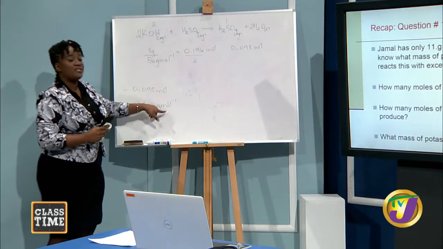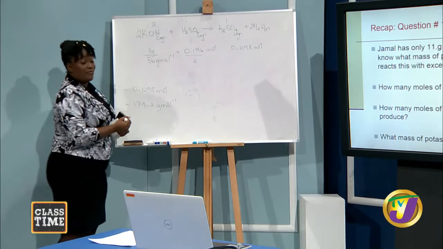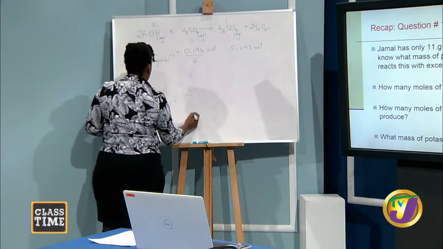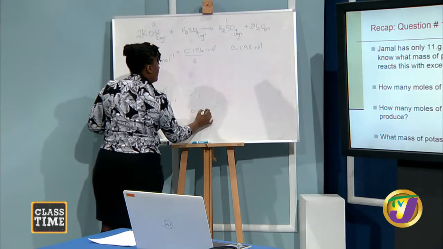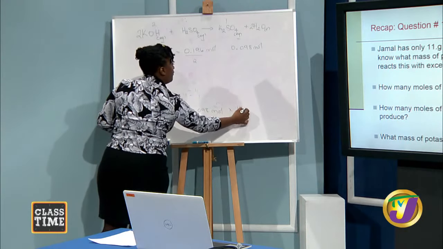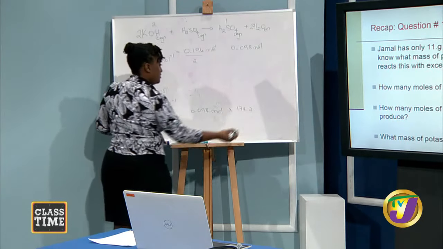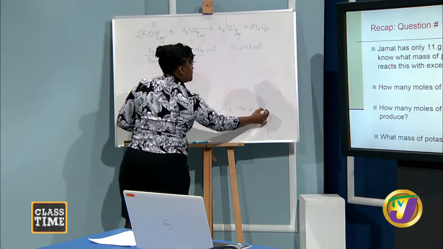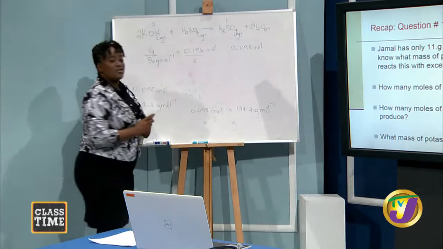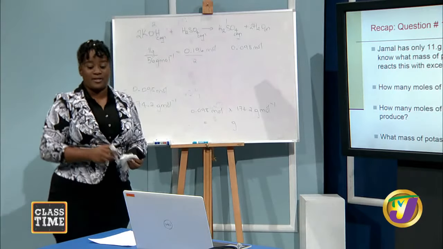So based on the units that I have, I know that I have to multiply for these 2 to cancel because they're opposite. So 0.098 mole times 174.2 gram per mole. My answer should be equal to grams. So work it and tell me what you got.